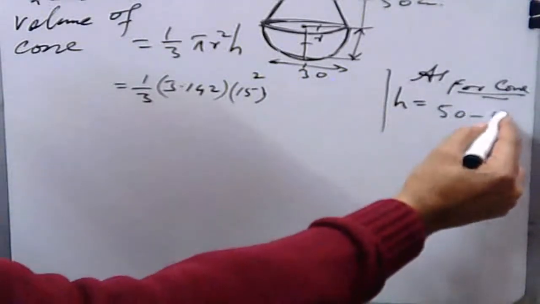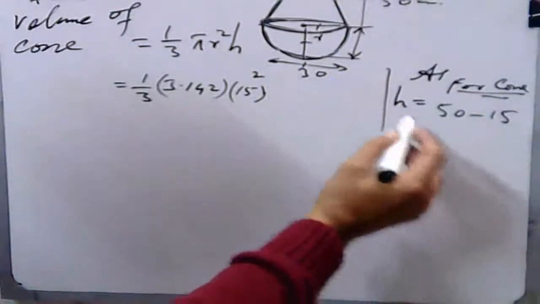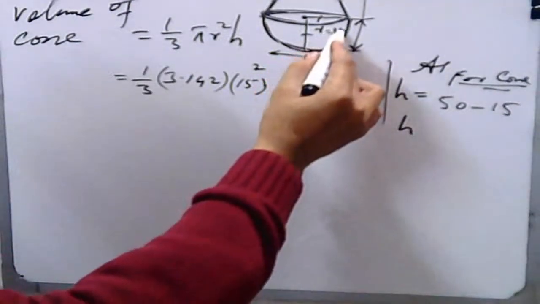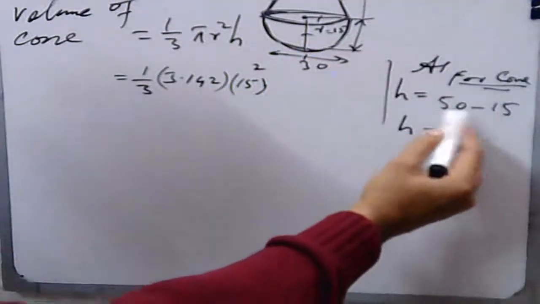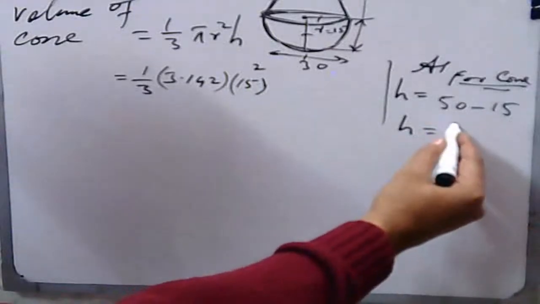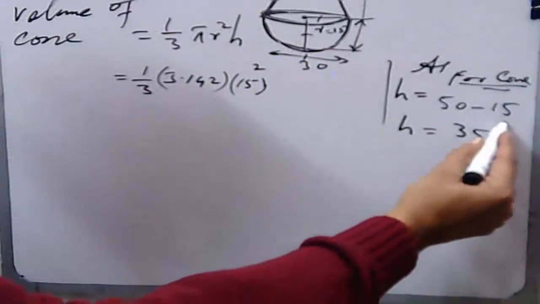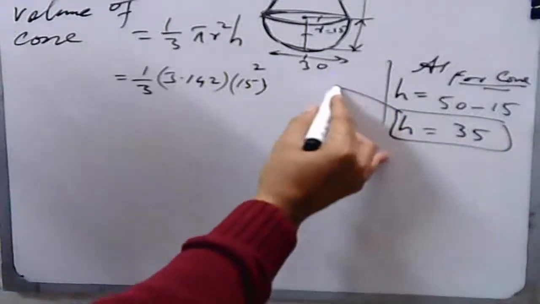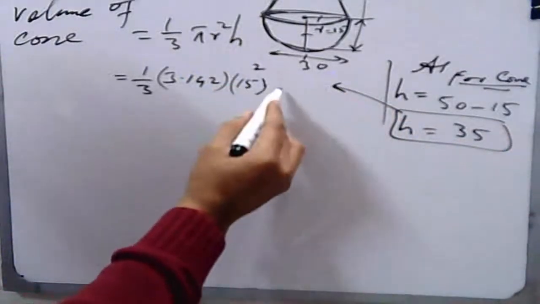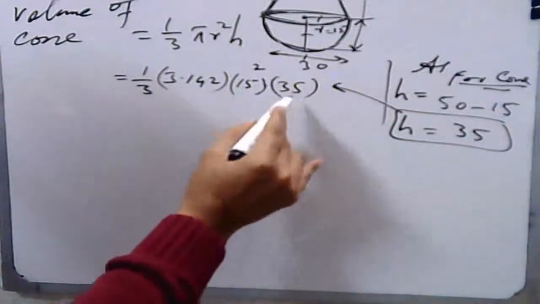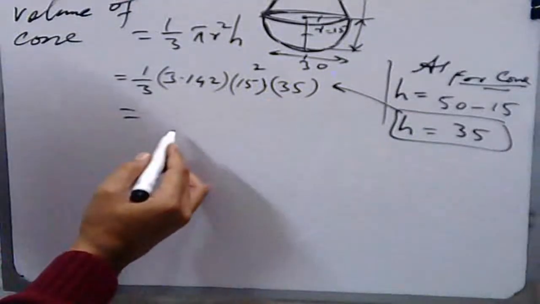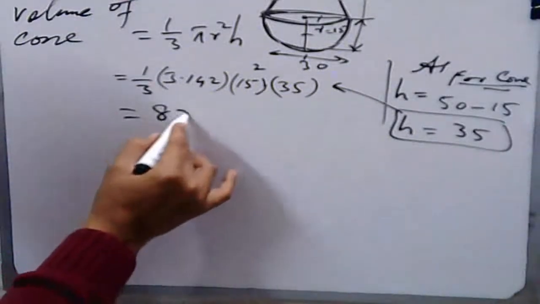So h is 35. That's why we use 35 here in the formula. So after simplification you will get 8250 centimeter cube. So that is your volume of a cone.